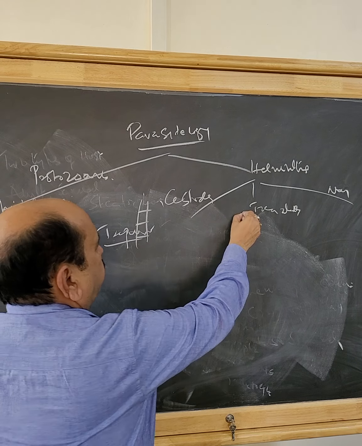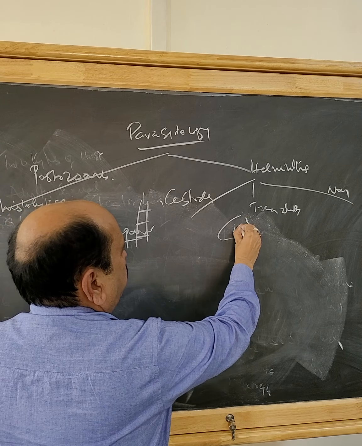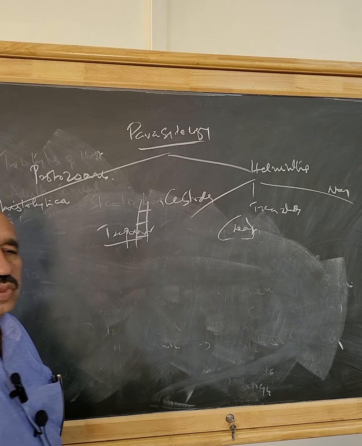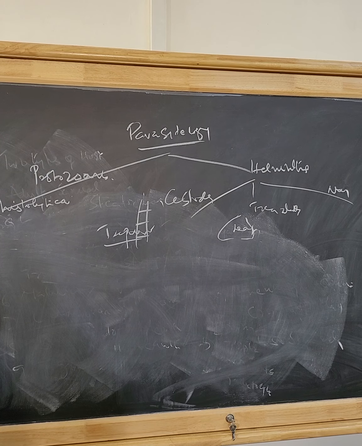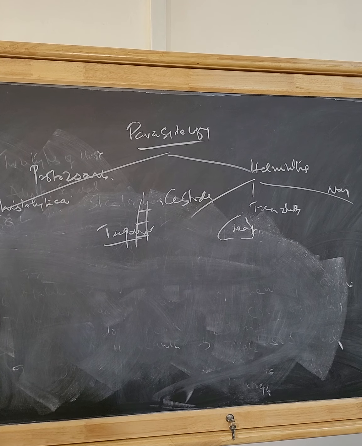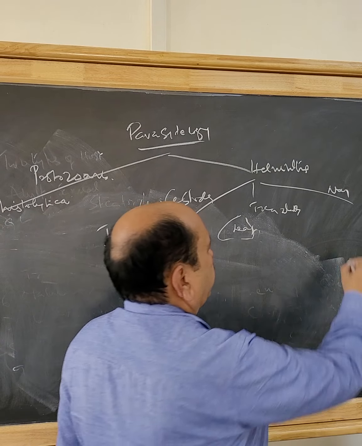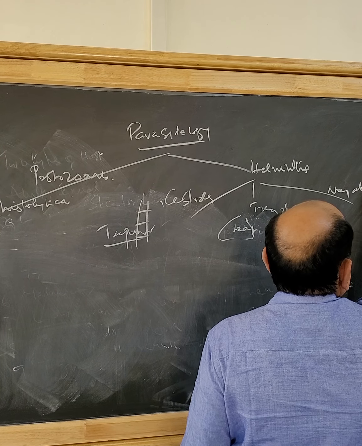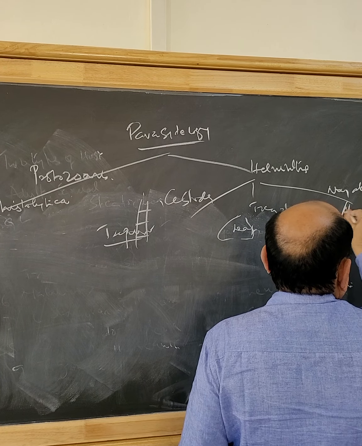Trematodes are leaf-like worms. Nematodes are roundworms.